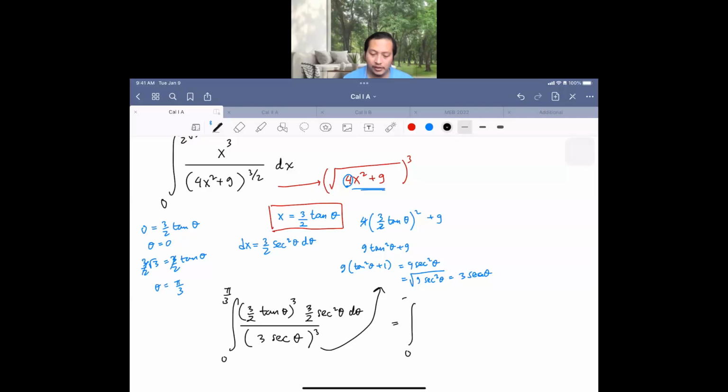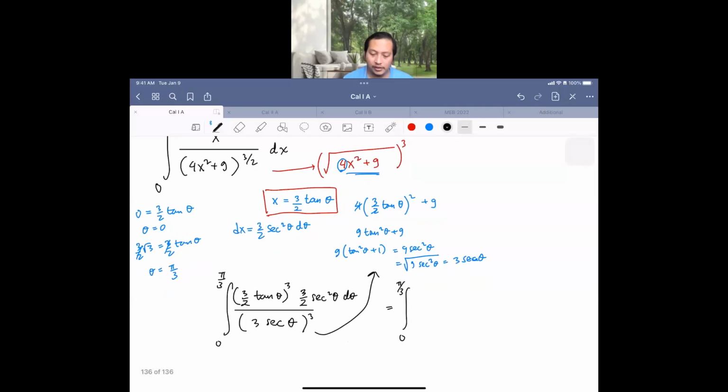Okay, we solve slowly one by one. This will be 27 over 8 tangent cube theta multiplied with 3 over 2 secant squared theta. And 3 cubed is 27 secant cube theta.